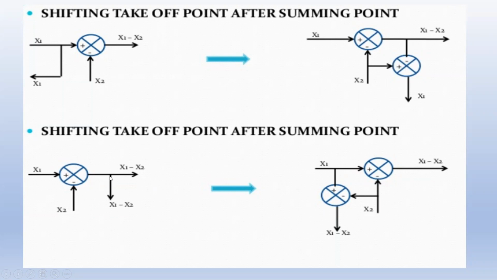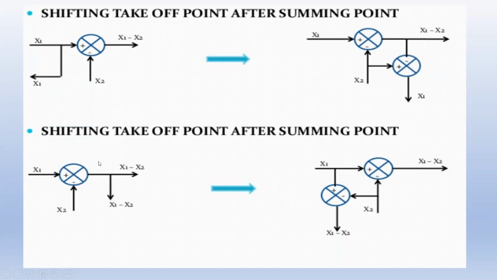Now we have a summing point over here, and we need to interchange both of these positions. How will we do that? We have x1 as this input and x2 as the second input, and we have x1 minus x2 as the output, as well as the output of this takeoff point.